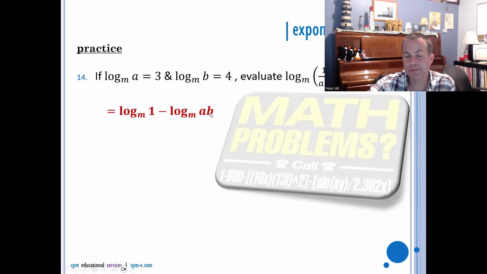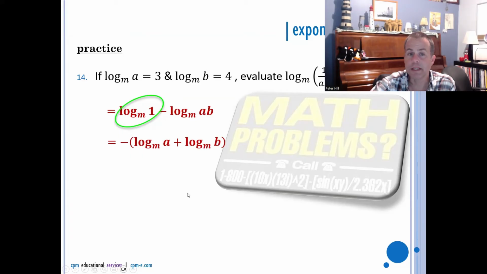And then I'm going to want to expand this AB, so this will be log base m of A plus log base m of B. But you have to remember that there's a negative in the front. Just because the first term becomes 0 doesn't mean you drop that negative. So you want to keep that negative there. Then I know log base m of A is 3 and log base m of B is 4, so that becomes negative 7 altogether.